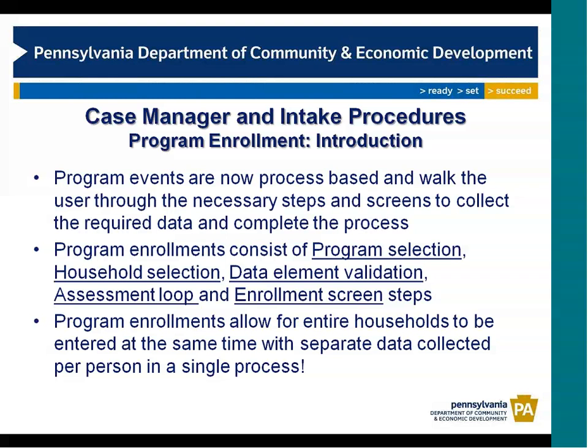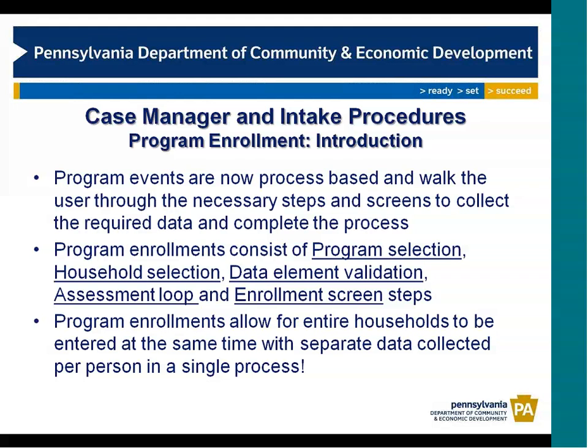There is the initial program selection. Then there is a household selection area, because program enrollments now allow for entire households to be entered into a program at the same time. We have a pretty intuitive process that also allows each client to have separate data collected all within the same loop process.